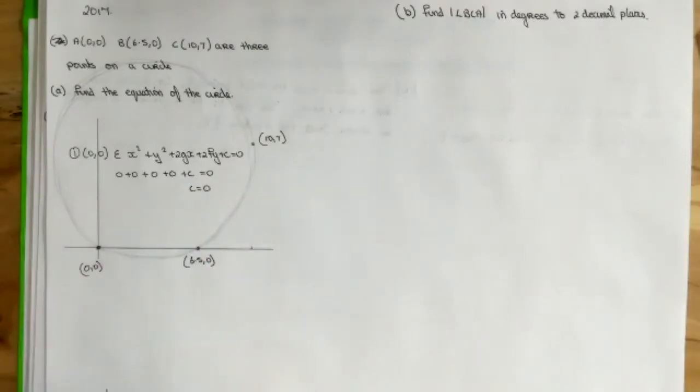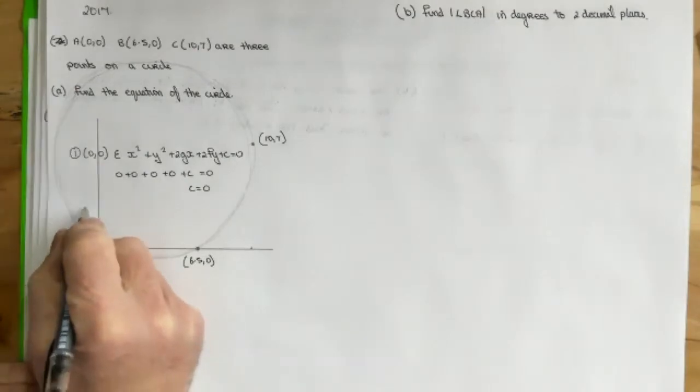So (0, 0) gives me c to be 0. So that helps me solve it very, very quickly.